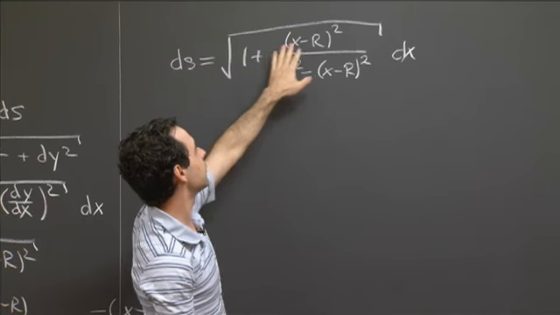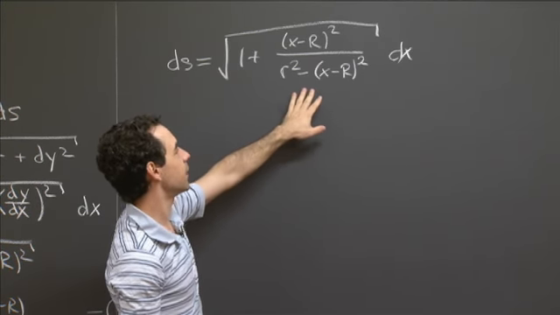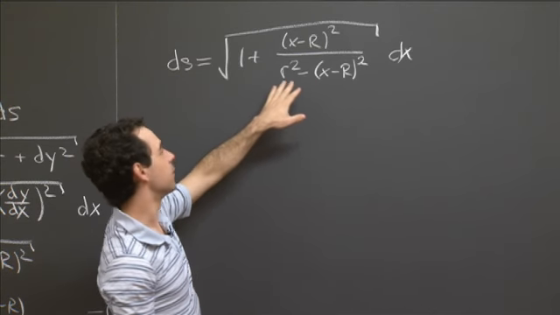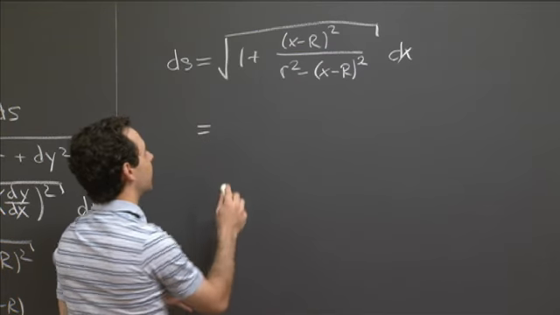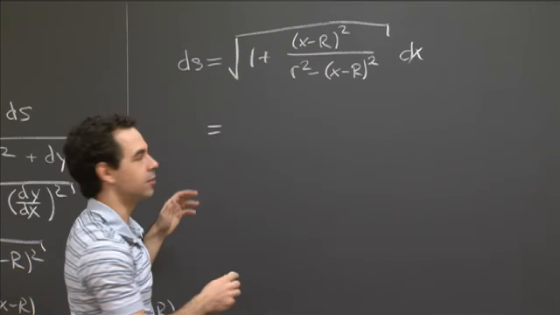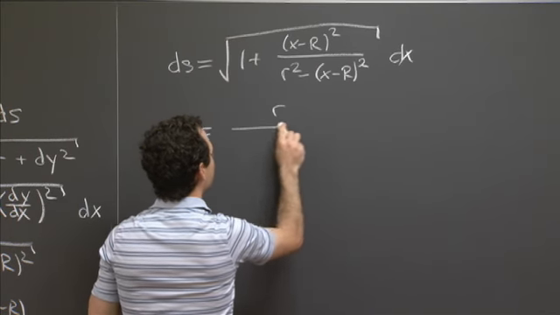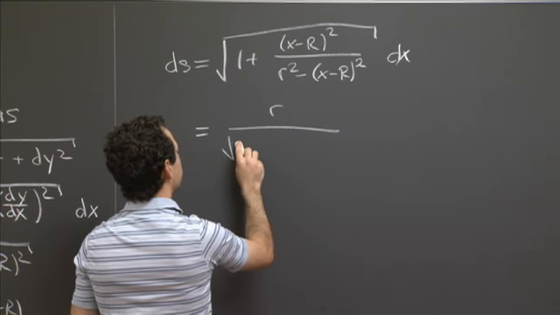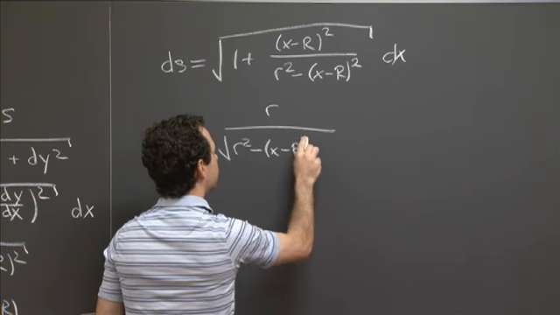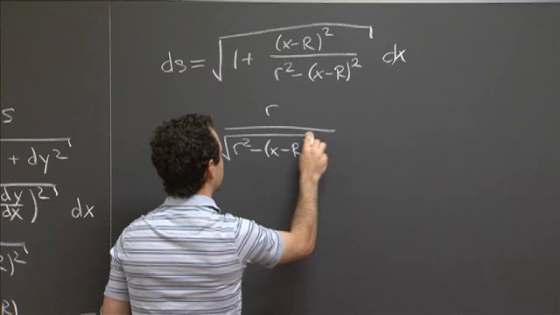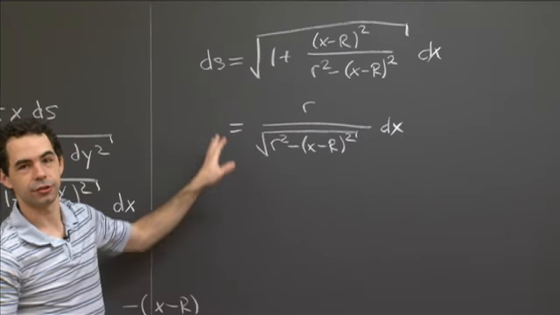And when you add it to (x minus big R) squared over little r squared minus (x minus big R) squared, this part cancels. And so you're left with, and now I'm just going to pass the square root through right away, little r over the square root of little r squared minus (x minus big R) squared dx. Just a little bit of algebra there.